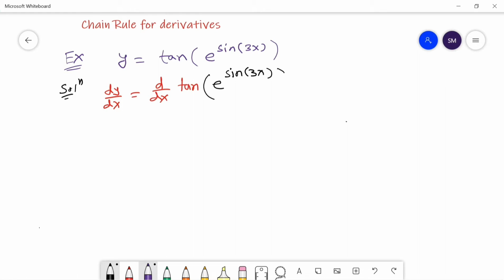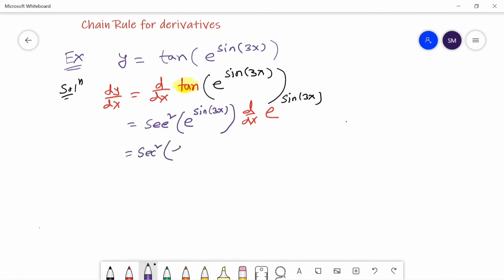First we apply it on the tan, and then on e to the power sine 3x. You know the derivative of tan is secant squared, so we have secant squared, and inside, e to the power sine 3x stays as it is. Then by the chain rule, the next derivative is the derivative of e to the power sine 3x.